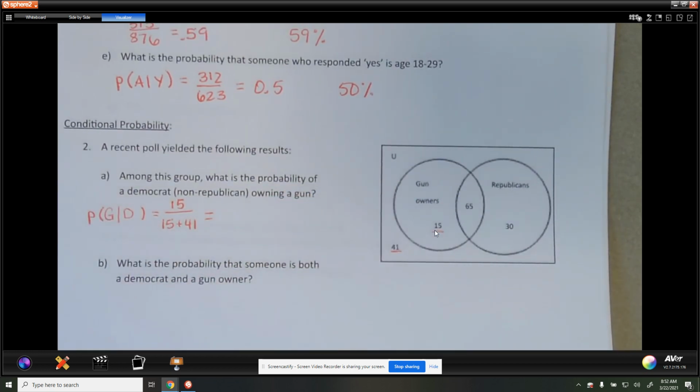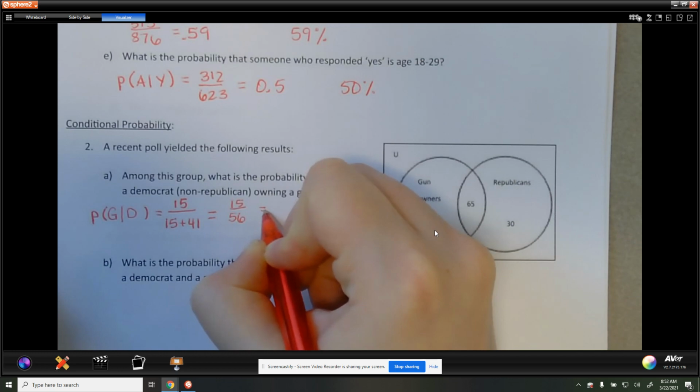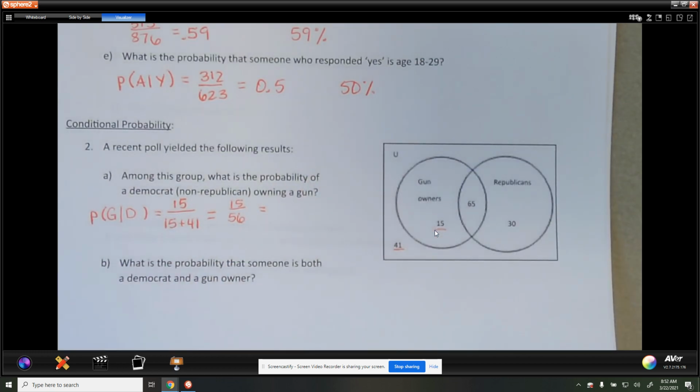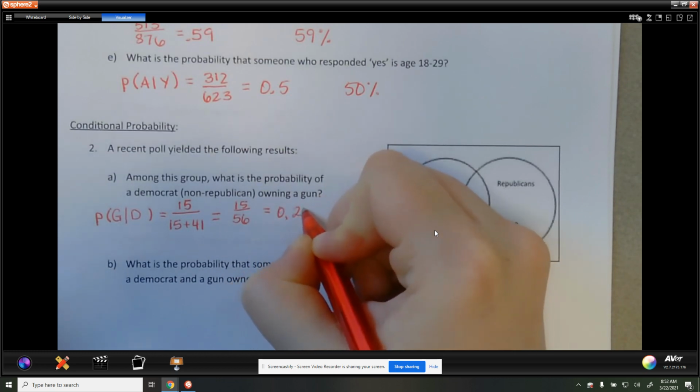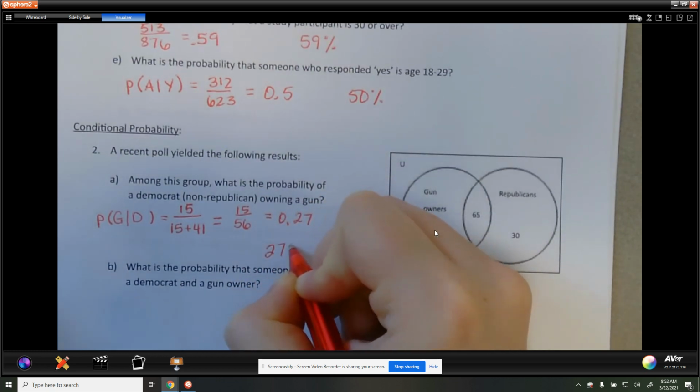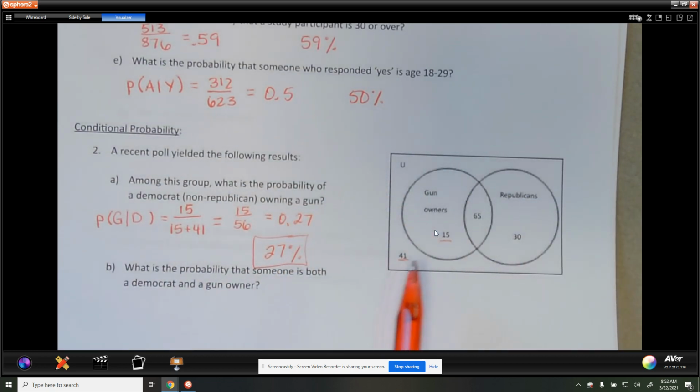So 15 plus 41 is 56. Okay, so 15 divided by 56 is about 27%. So among this group, about 27% of the non-Republicans owned a gun.